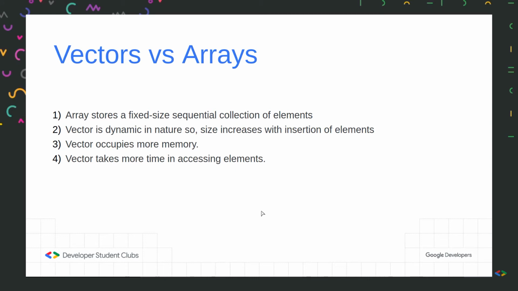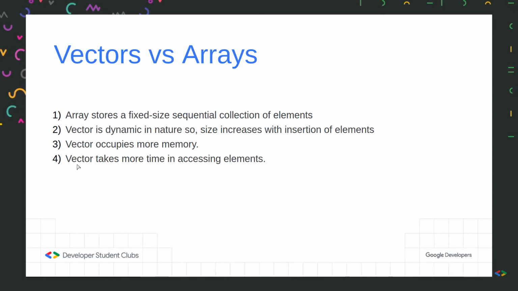This is because vectors have a lot of operations that have been implemented, so storing those operations and the underlying data structures occupies more memory than our conventional arrays. You'll understand this when you implement data structures like linked lists or stacks or queues, and this will be explained.